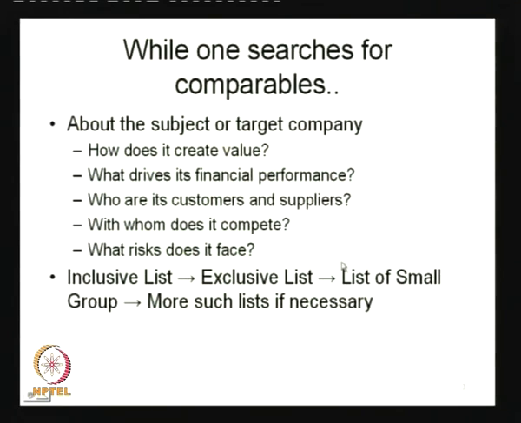We could have an exclusive list of 30 companies, but possibly for all 30 the financial values are not available. Then we filter further for those companies where financial data are available for a particular period of time. That becomes a small group of companies, our sample set, and from the financial data of those companies we find the valuation multiple and go further as far as the valuation of the share is concerned.